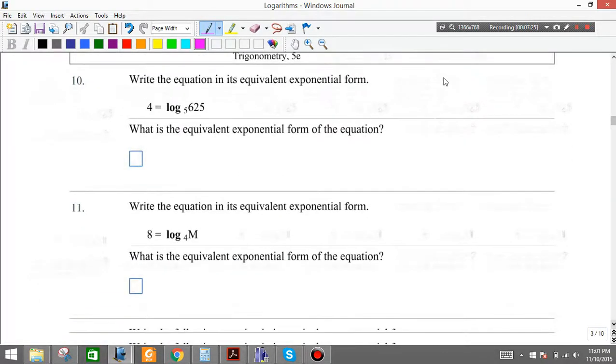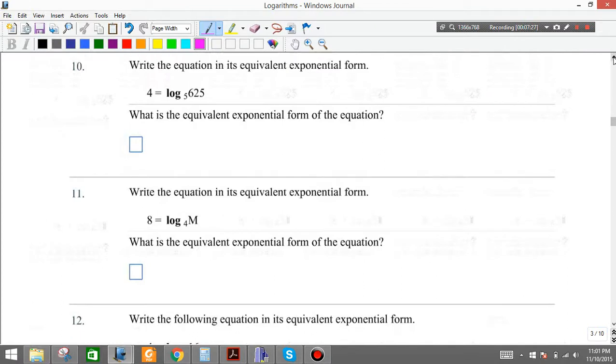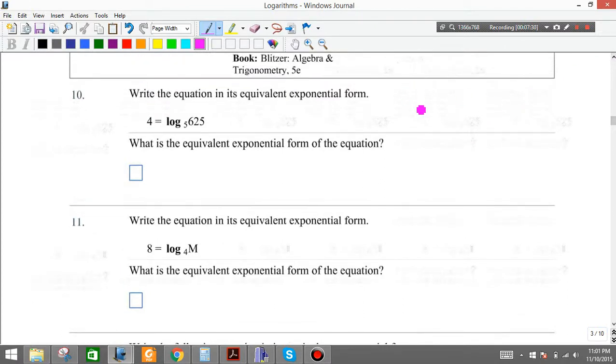Okay, so exponential form, I'm going to go back and use the definition. Earlier we said that if log base b of x is equal to y, what did that mean? That meant that b to the y power is equal to x. So that meant, by definition, that b to the y power is equal to x.